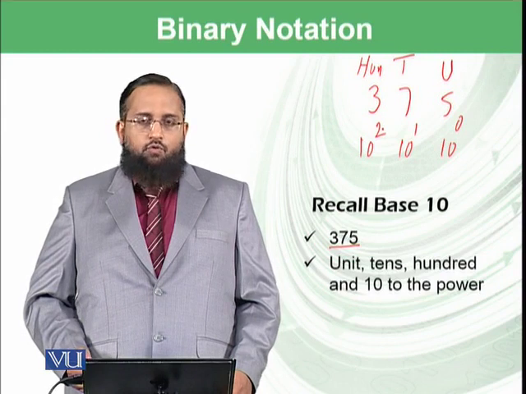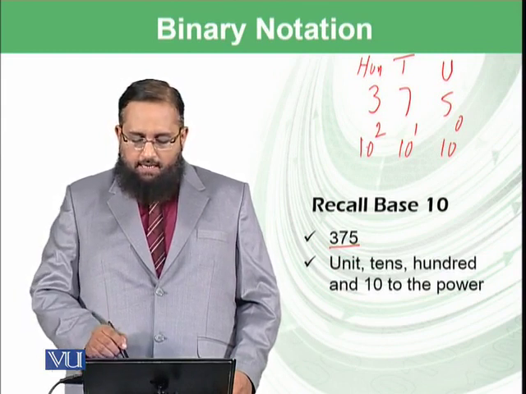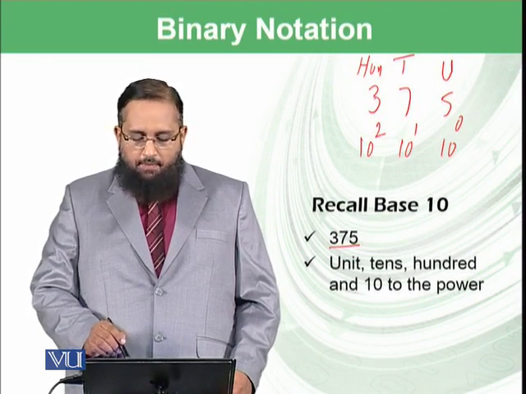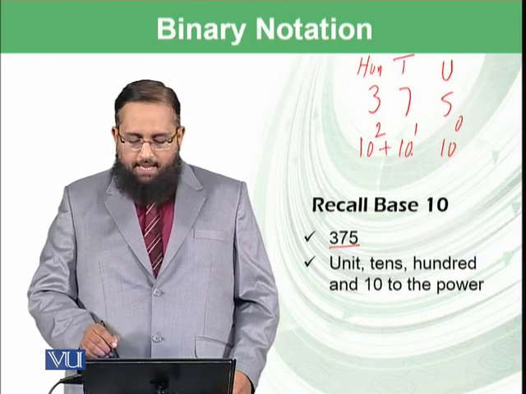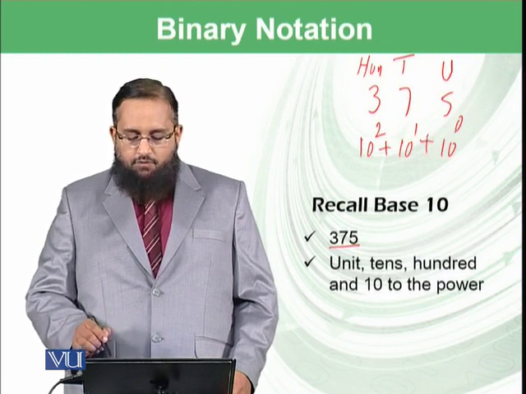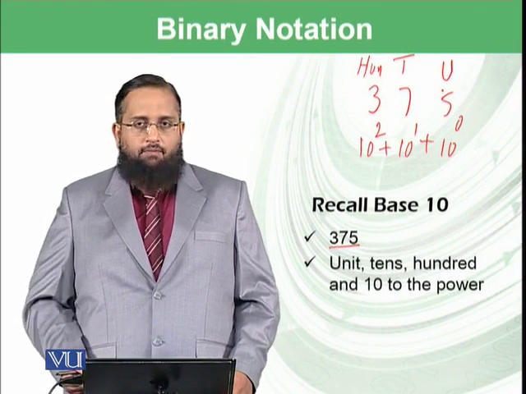So 375 is 100 multiplied by 3, which forms 300, plus 10 multiplied by 7, which is 70, plus 1 times 5, so it becomes 375.